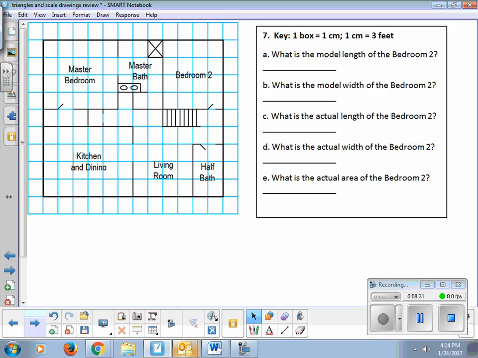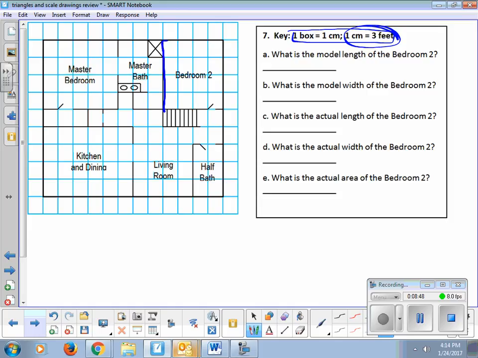For our last scale drawing question, our key is that one box equals 1 centimeter and 1 centimeter equals 3 feet. So we're going to use 1 centimeter equals 3 feet for our scale. What is the model length of bedroom 2?